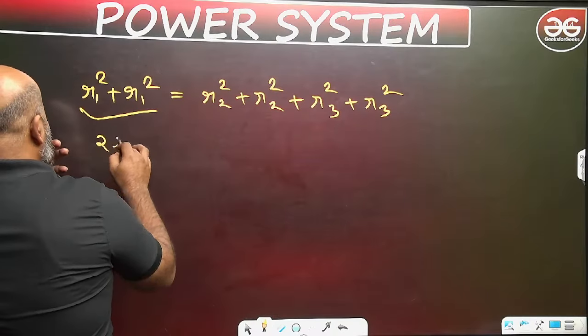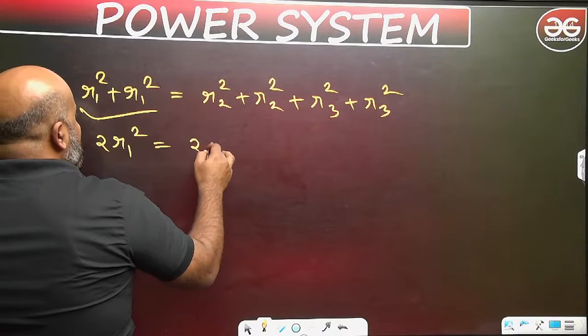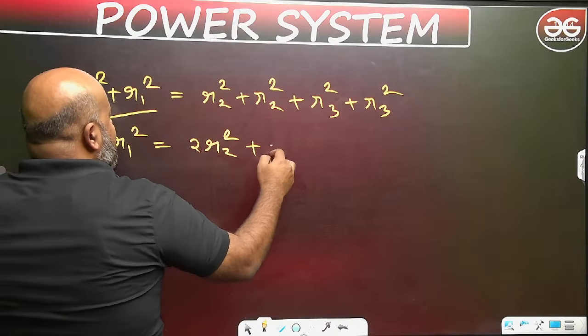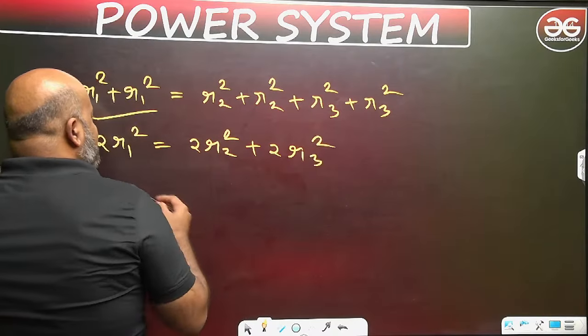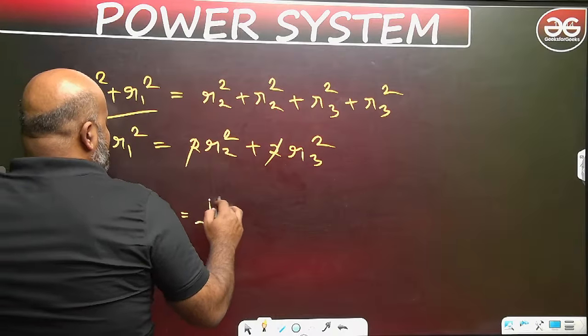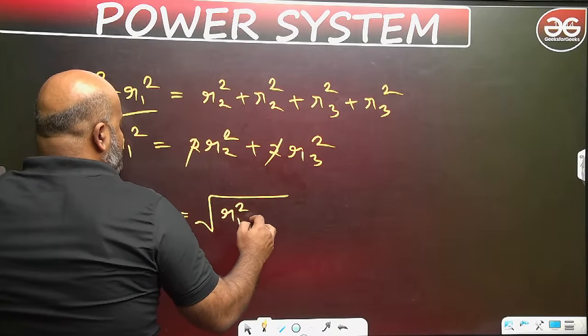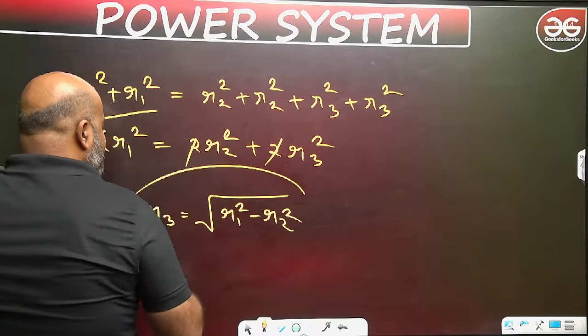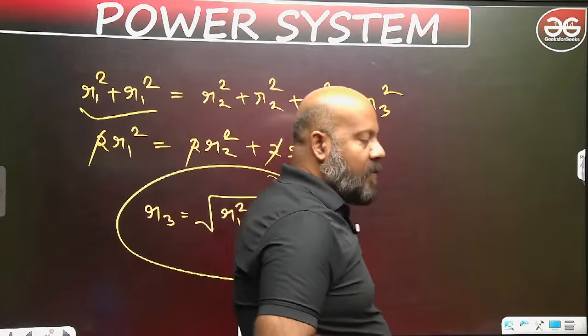This is 2R1 square. This is 2R2 square. This is 2R3 square. 2 cancelled. It means R3 becomes under root R1 square minus R2 square. If you know R1, R2, you can find R3.